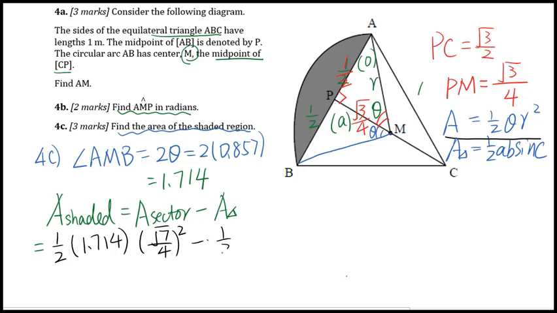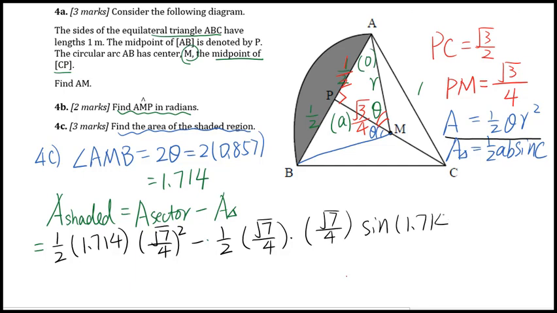That minus 1/2, AM is square root of 7 over 4, MB is the same, square root of 7 over 4. Then sine theta will be sine 1.714. The answer will be 0.158 meters squared.